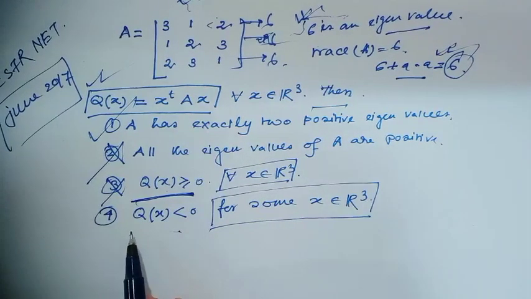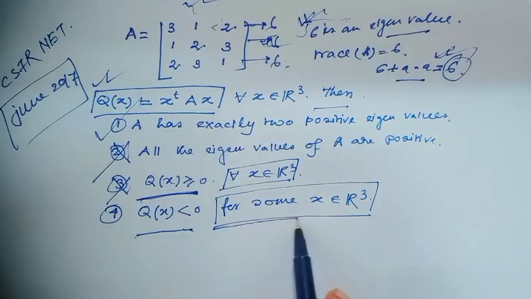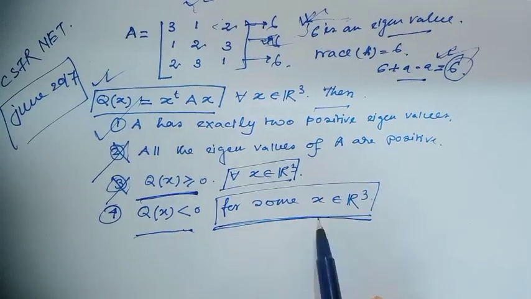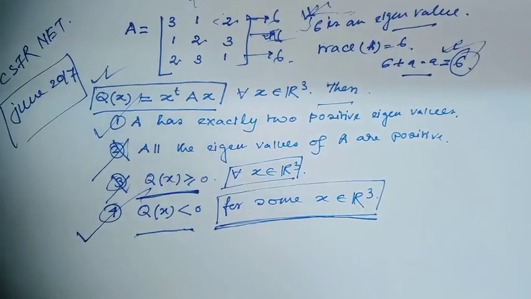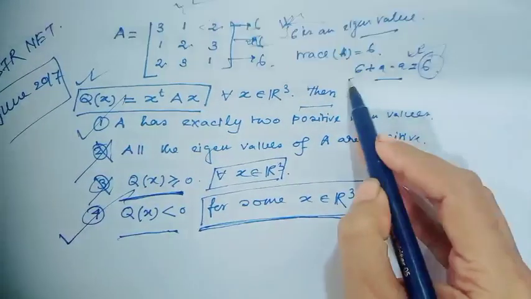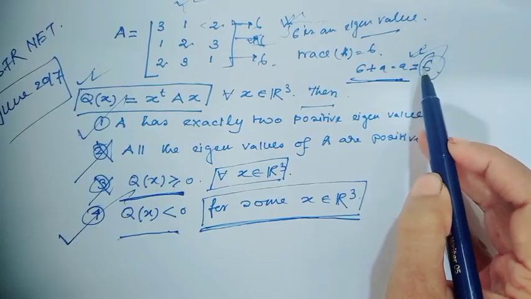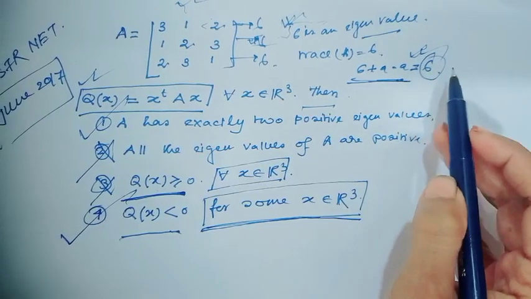And option 4 indicates Qx less than 0. This is true for some x belongs to R3. This is obviously the right option. Because from this expression we can tell there exists one eigenvalue which is negative.